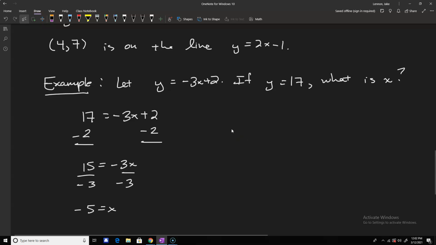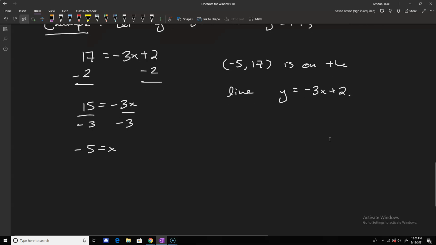So this tells me that (-5, 17), remember the x comes first, is on the line y equals minus 3x plus 2. And you could graph that. I'm not going to graph this one, but you can always go to Desmos and double check that. It's a very handy tool to graph things and much more accurate than doing it by hand.